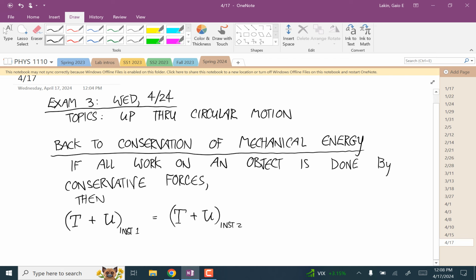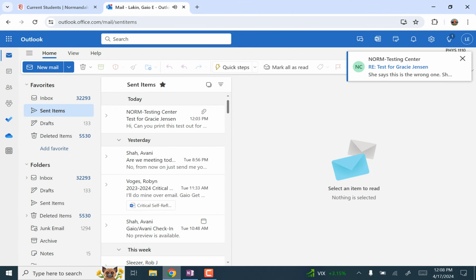Okay, this is also assuming that there's no heat and electricity and that kind of stuff that are important.